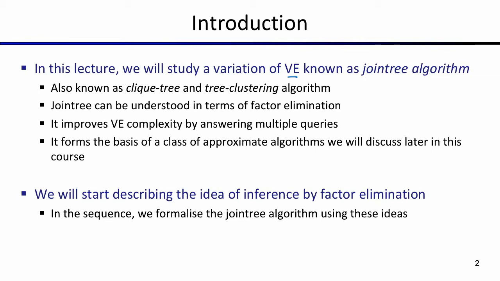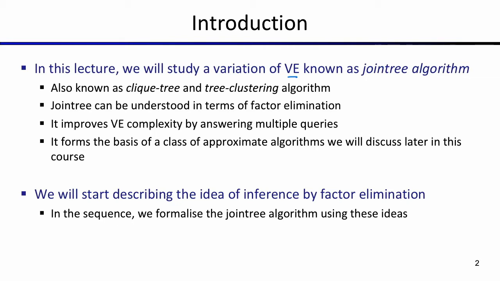There is also another reason: the Jointree algorithm, and also the idea that we're going to discuss in this lecture, making inference using the message passing paradigm, is going to be the basis for a set of algorithms that we're going to discuss in the next lecture, known as the belief propagation algorithms. Those algorithms are going to be different because they will not be exact algorithms.